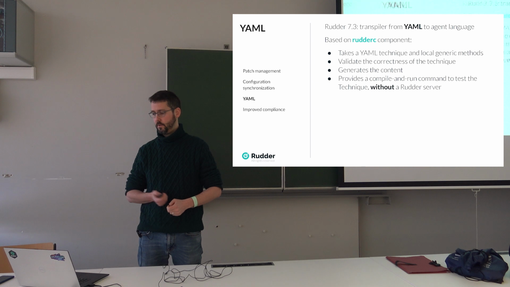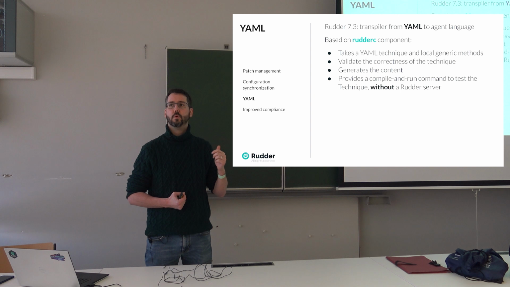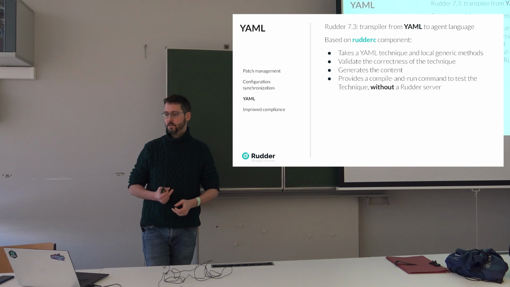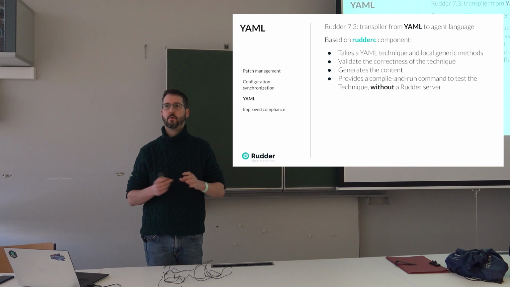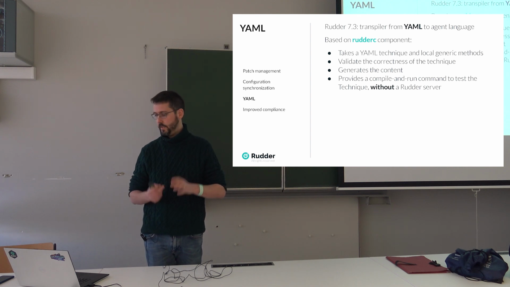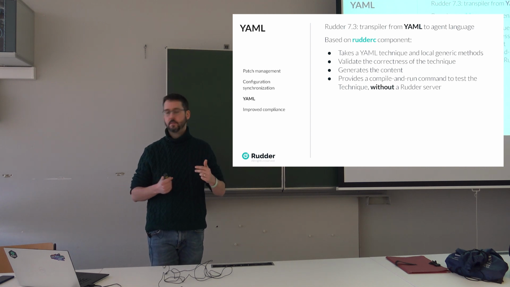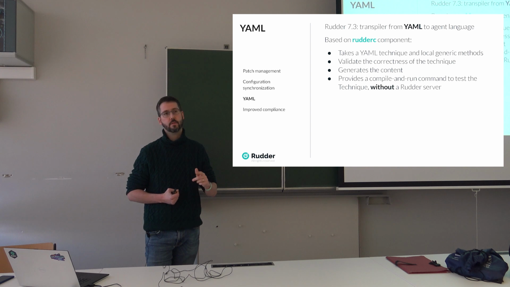But it also offers other benefits. We are building a component called Rudder C, like Rudder compiler or Rudder transpiler, which takes a YAML technique and the generic methods, which are the building blocks of the techniques. It takes that together. It validates that the YAML is correct, generates the content of the policies for the Rudder server, and it also provides a compile and run command so that you can test locally your technique without the need of having a Rudder server.